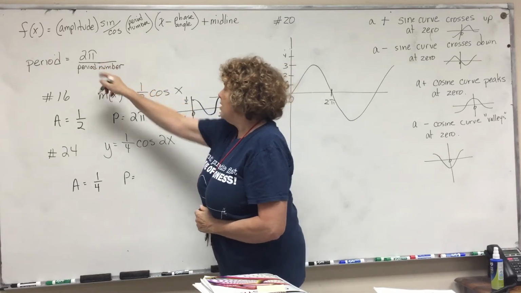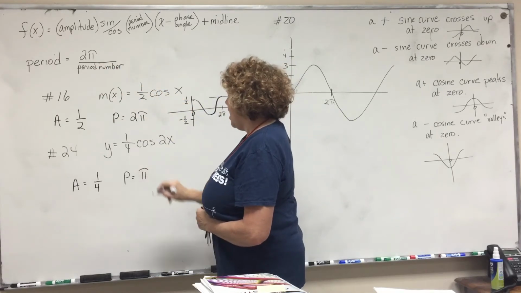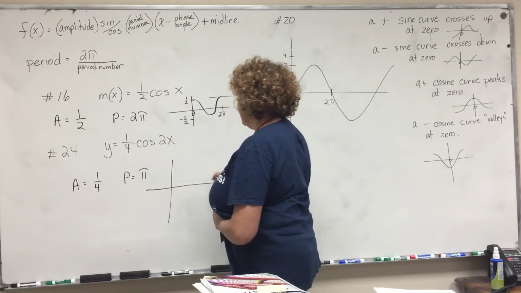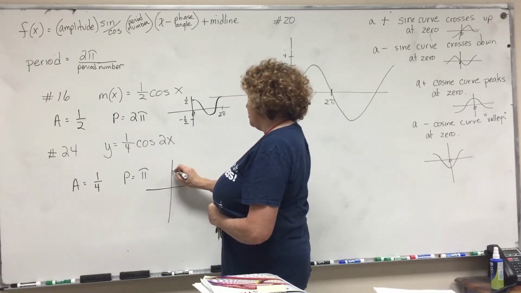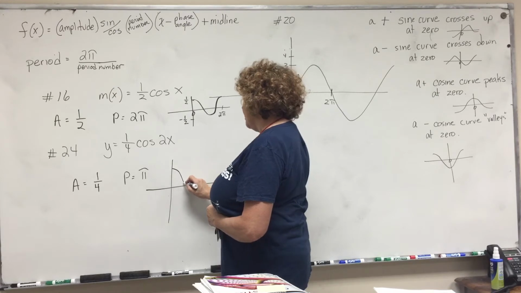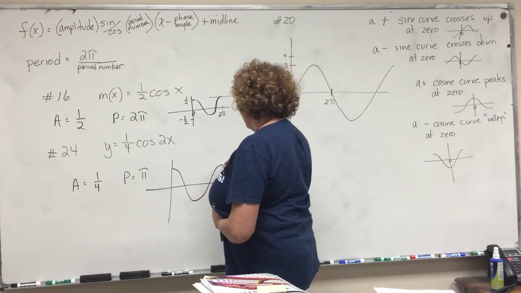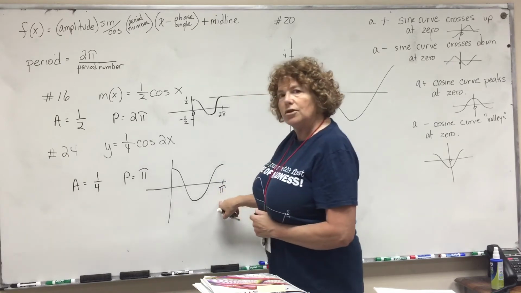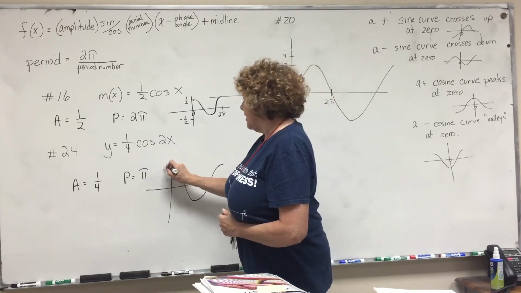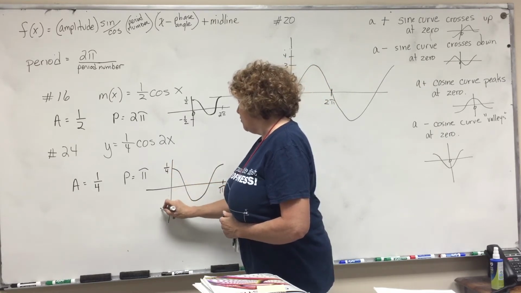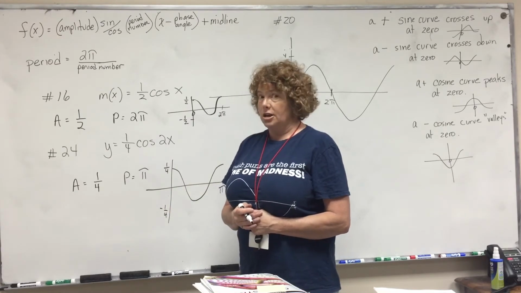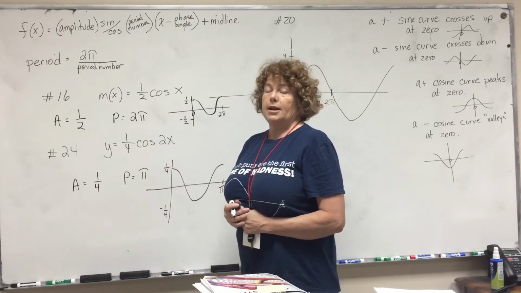So 2 pi divided by 2 is pi. So I'm going to draw this again. It's a cosine curve, so I'm going to start up here and draw one full curve, and I'm going to end it at pi, because one full curve goes to pi. And then I'm going to label the amplitude 1/4 and negative 1/4. Like I said, that is good enough for this right now, okay?